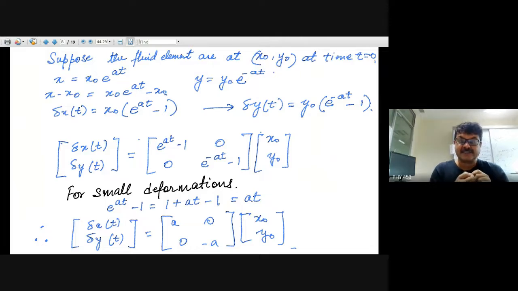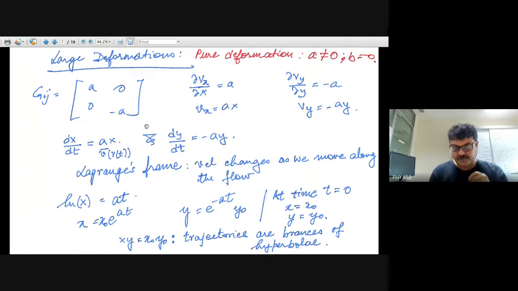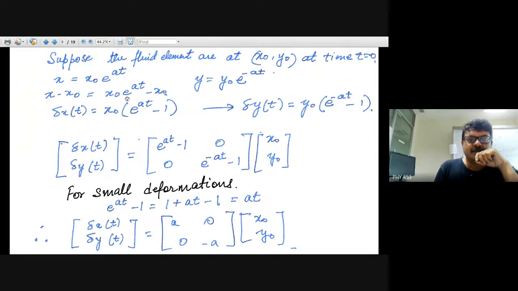So things are going to stretch exponentially. What is the message? If you had such a flow, and of course you're really looking at it along the principal axis, that's why you have just A and minus A, no off-diagonal terms here, right? Along the principal axis, x is stretching at an exponential rate, and y is being compressed at an exponential rate again.